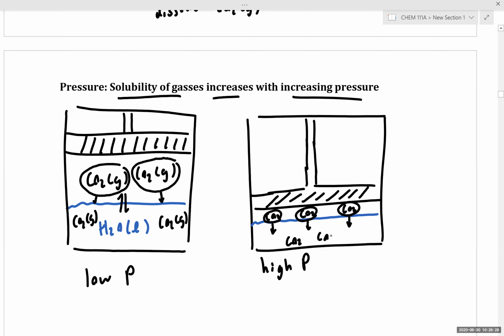As a result, we have more carbon dioxide dissolved in our solution. So at high pressures, we have more collisions with our solvent, and that in turn leads to more gas dissolved.